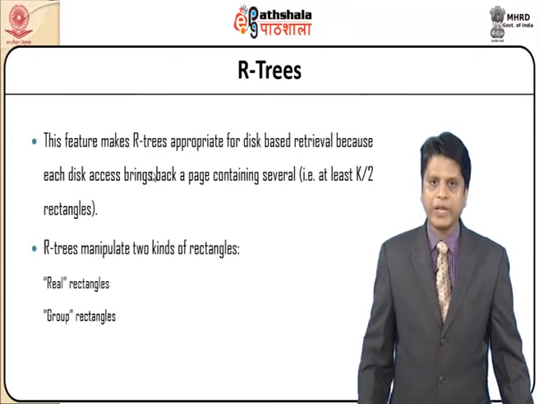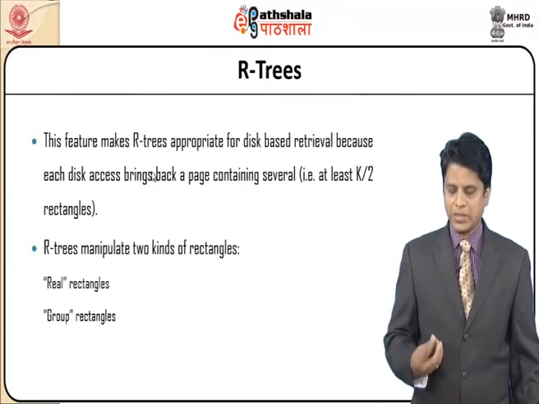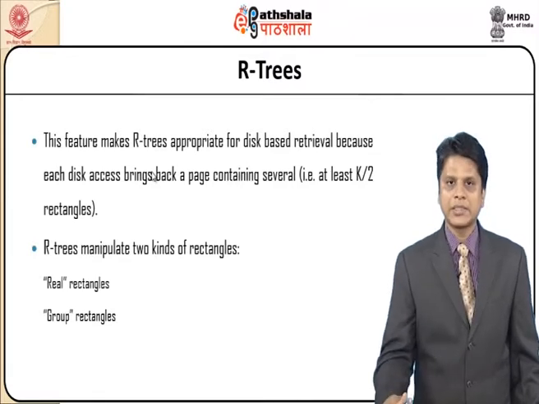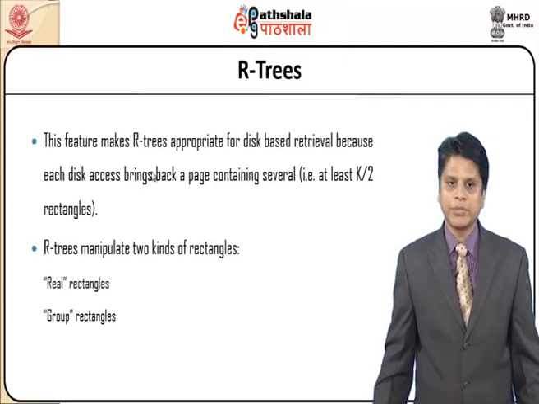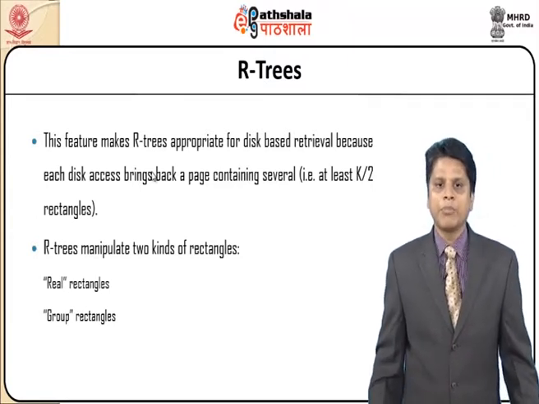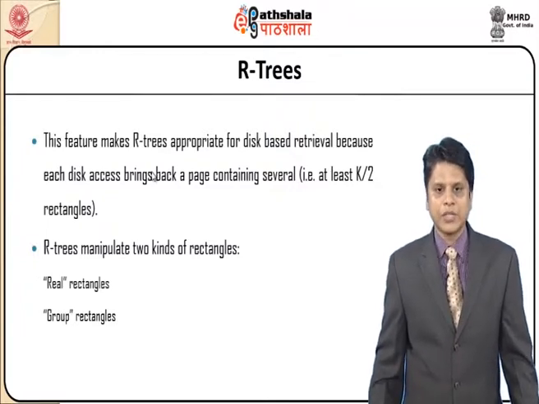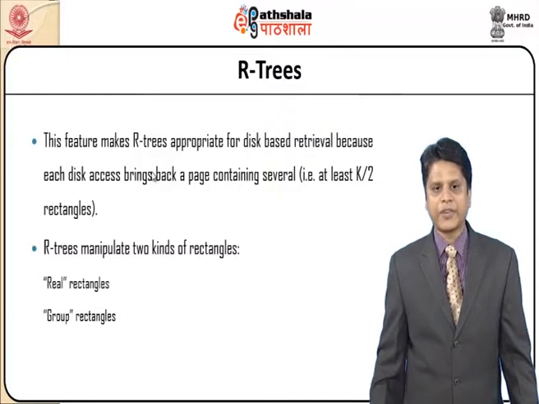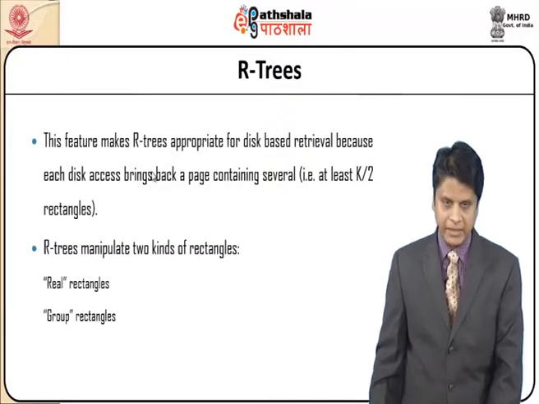Whenever I want a shorter retrieval time, I will appropriately access the disk, and the access time gets reduced because each disk access brings back a page containing several, or at least k by 2, rectangles. R trees manipulate 2 kinds of rectangles: either real rectangles or a group of rectangles.